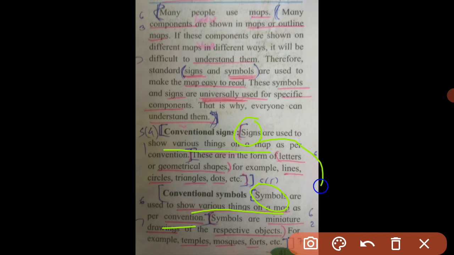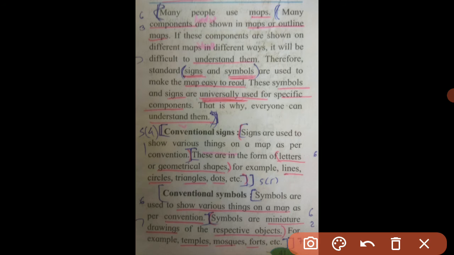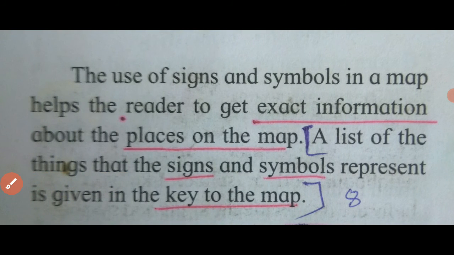These are the same, only one word is changing: here is a sign and here is a symbol. Signs are letters and geometrical shapes, and symbols are miniature drawings of the respective object, for example, a temple, mosque, or fort. If I want to draw a temple or fort, obviously I will draw the exact symbol of that object. This is a conventional symbol. A sign may be a geometrical shape or a combination of letters.